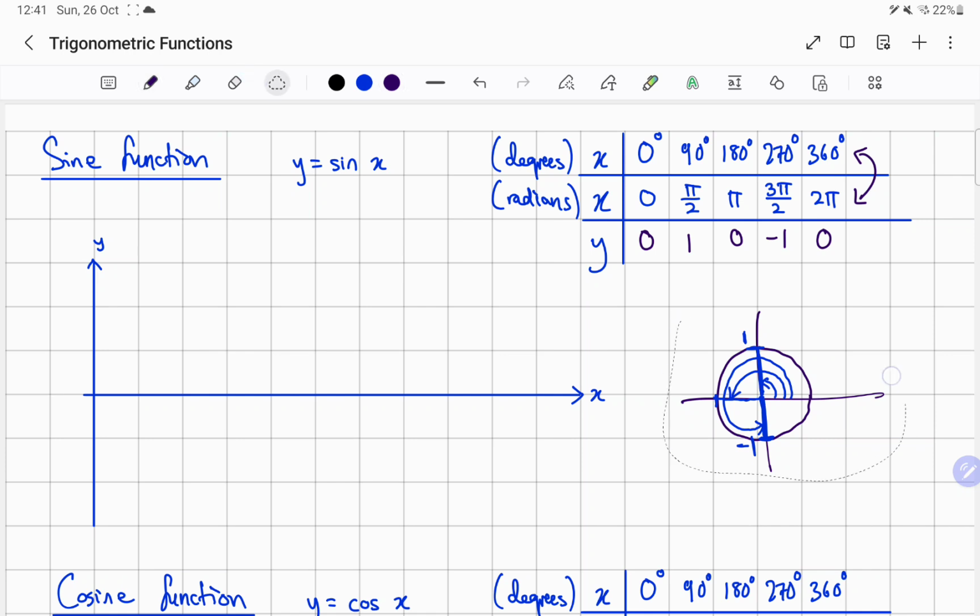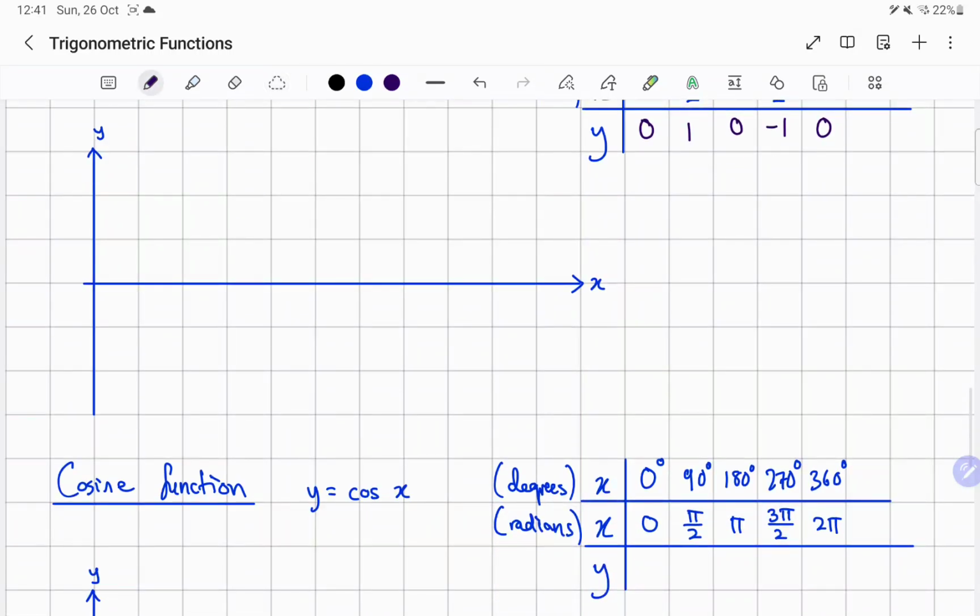So you have to be able to figure out the sine values for all these angles, and once we know all that, let's quickly plot these points. Let me draw the axis in the same color.